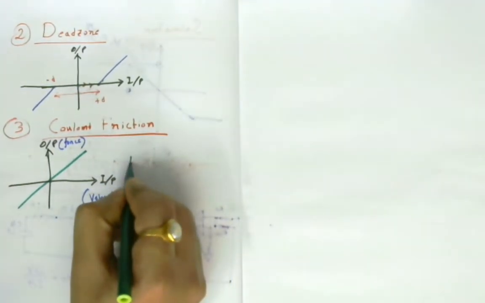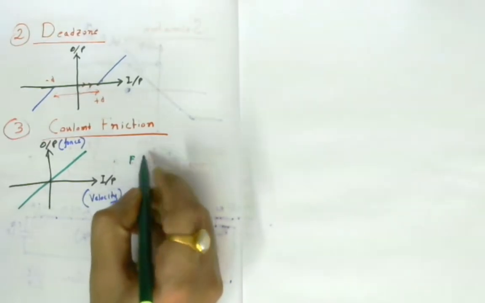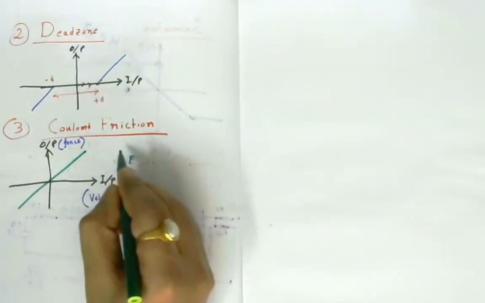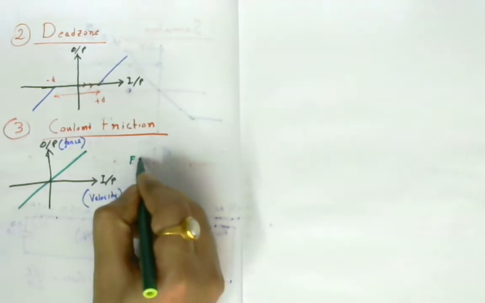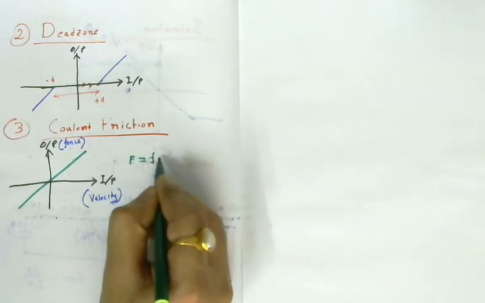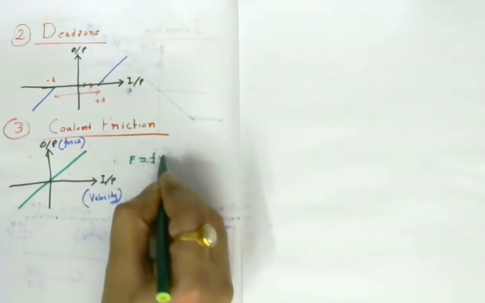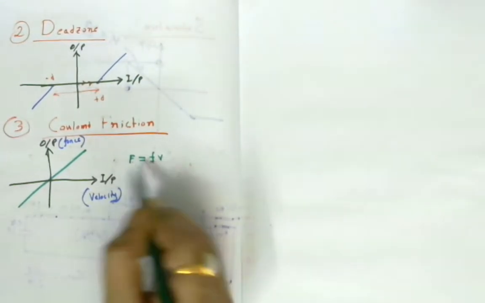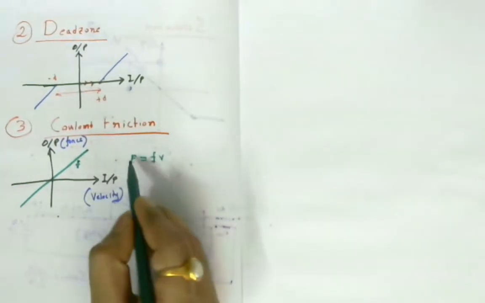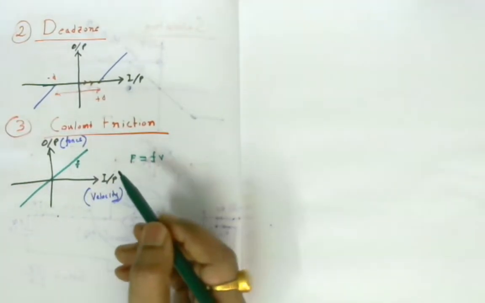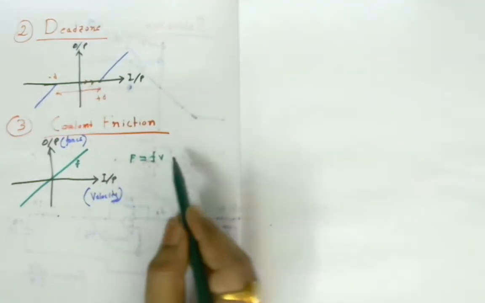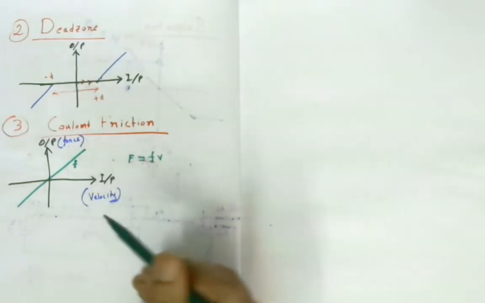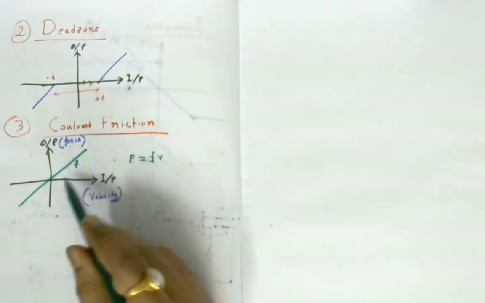And if I write down the equation of viscous friction, with F as the force, which is output, then F equals f times v, where v is the velocity and small f is the slope of the curve. Capital F denotes force, which is output, and v is the velocity, which is input in this case.